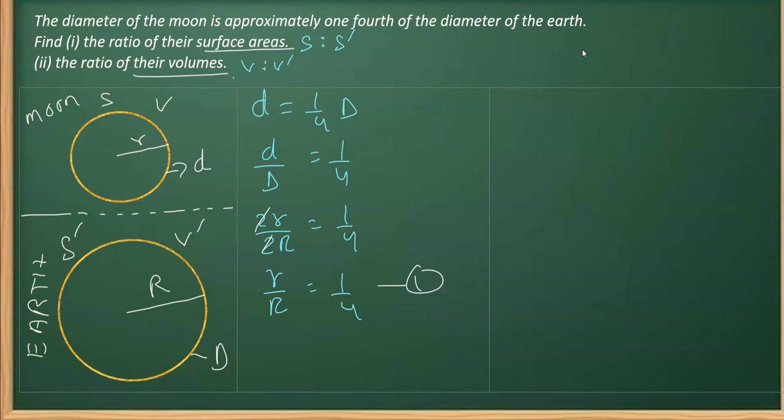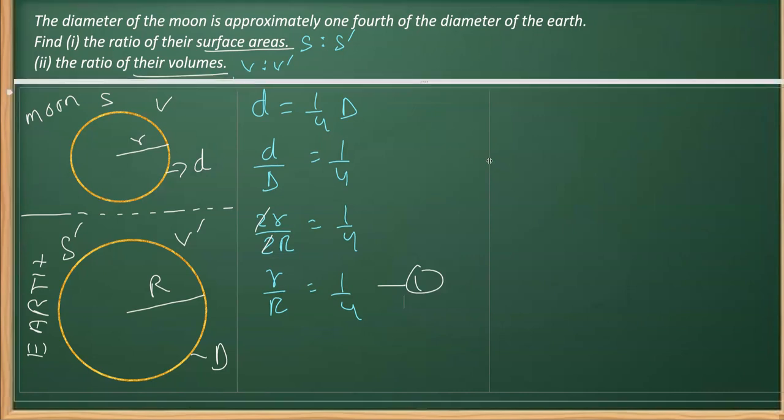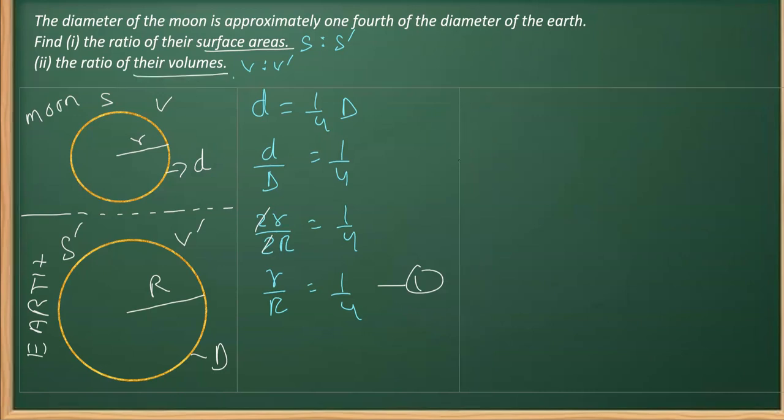Now we are going to obtain the ratio of their surface area and also the ratio of their volume. These are the two things which we have to find out. Let's say I find the ratio of their surface area first.